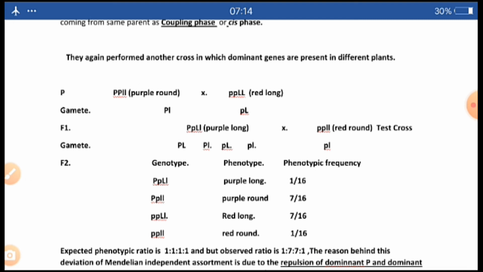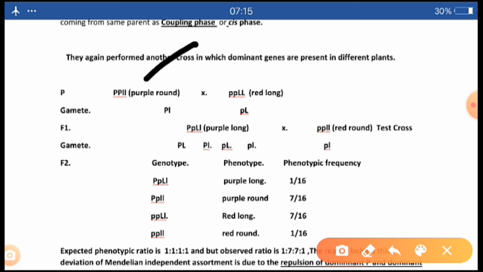they again performed another cross in which the dominant factors are present in different plants or different parents. Capital P from one parent, capital L from another parent. That is why these are the genotypes as well as the phenotypes of the parent generation in the second cross. Here the genotype is capital P, capital P, small l, small l.